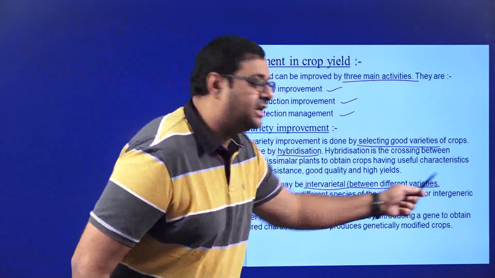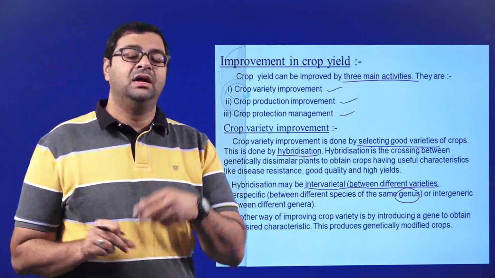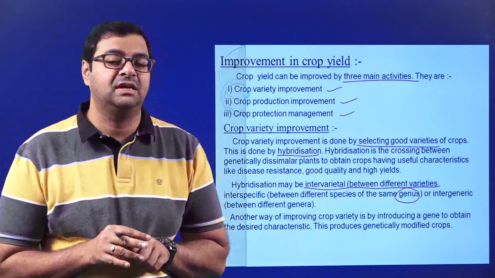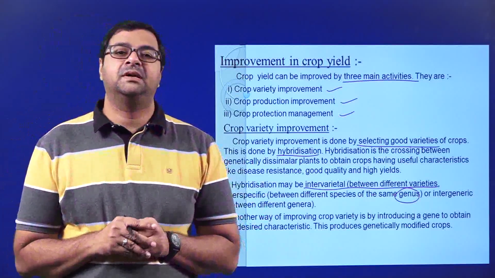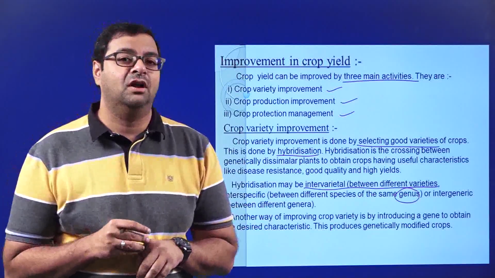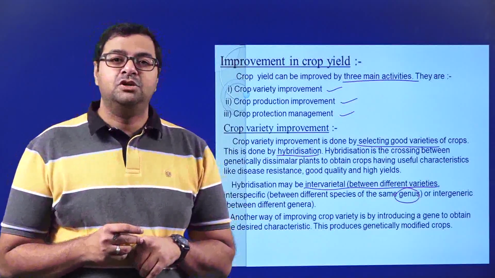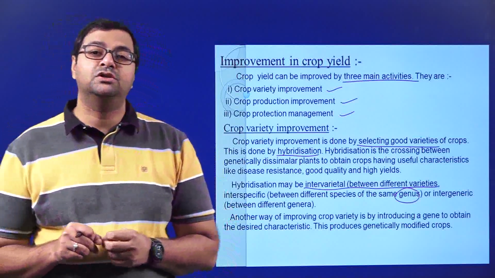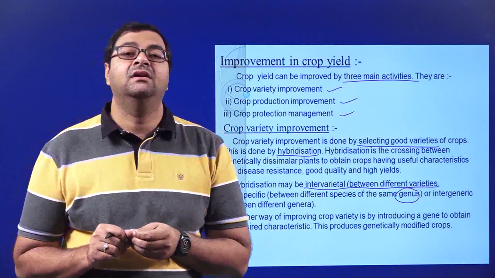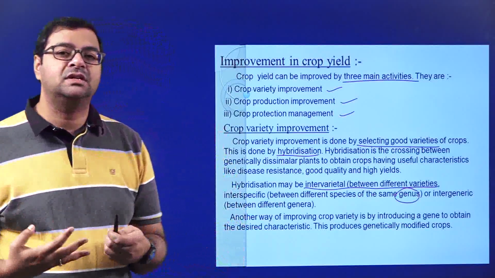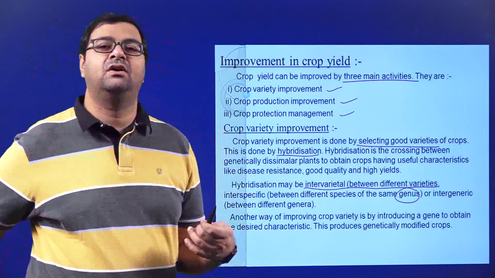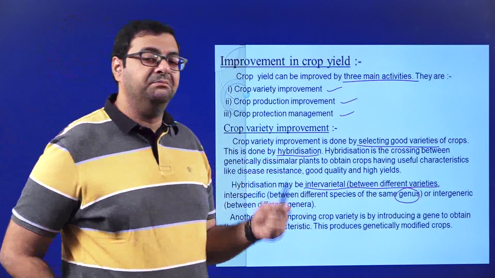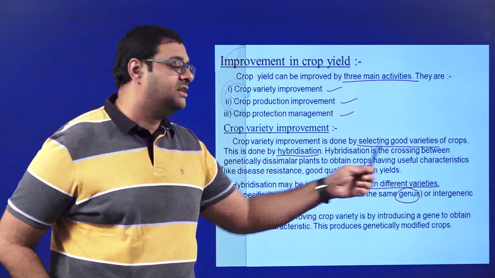Now, intergeneric means between different genera. This was done by a company called Monsanto, where they developed something called BT brinjal. BT brinjal is a disease resistant variety of brinjal, and also a high yielding variety. Earlier brinjal used to get a lot of diseases, so the Monsanto lab worked on this and developed BT brinjal, which is intergeneric.